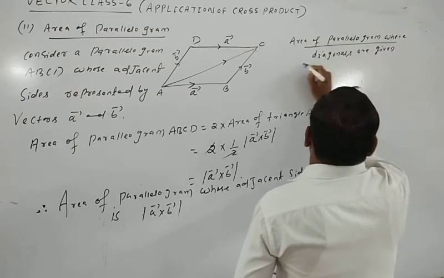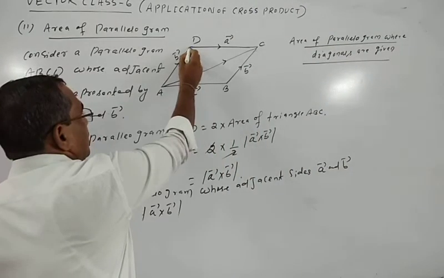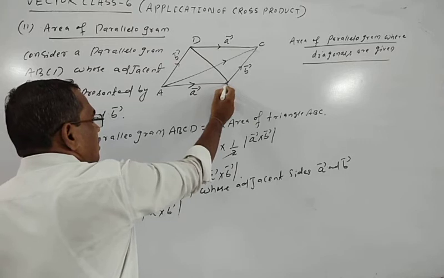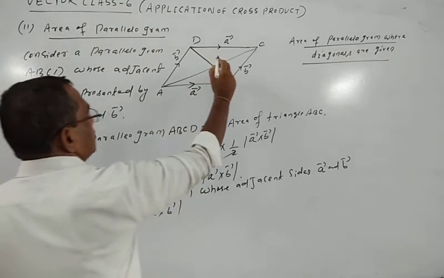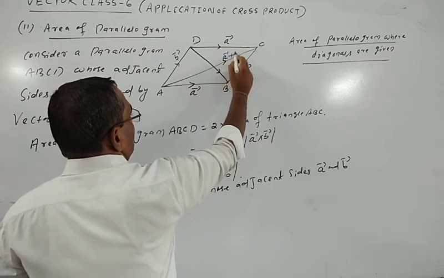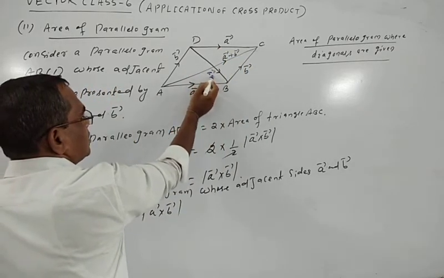Okay, so clearly AC and DB are the diagonals of the parallelogram, and one diagonal is A vector plus B vector and the other diagonal will be A vector minus B vector.